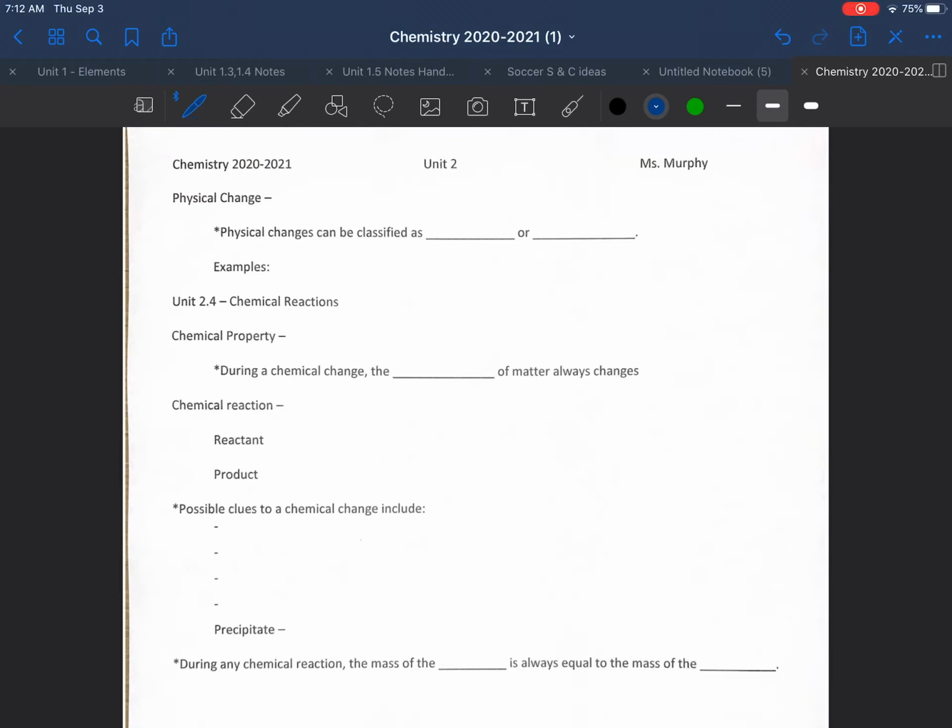But a physical change is defined as a change of some properties but the composition does not change. And what I mean by composition is just the composition of material.